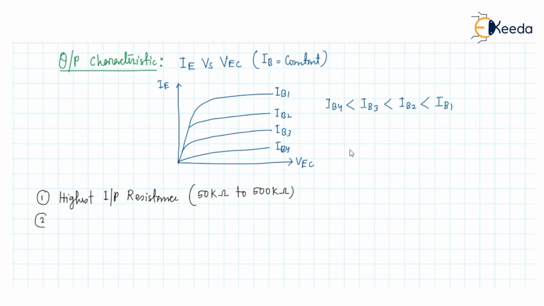The second property is the lowest output resistance, generally less than 100 ohm. The third property is that it will have the highest current gain.